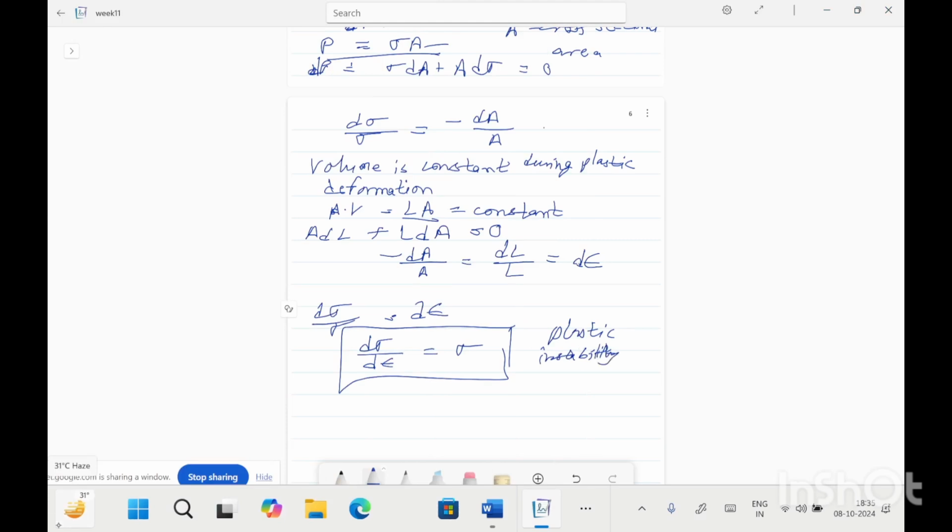This is also known as the Considère criterion for necking.